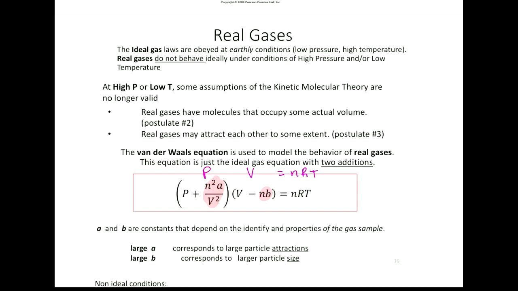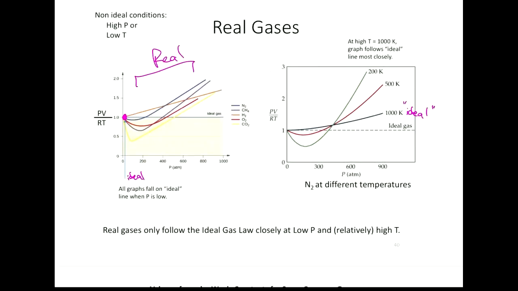Because what we'll see here is at high pressure or low temperatures, we see deviations in the true measured pressure and volume, depending on our sample. I showed some examples of how samples deviate depending on their temperature and pressure. We see that at high temperature, a sample will exhibit more ideal-like behavior.